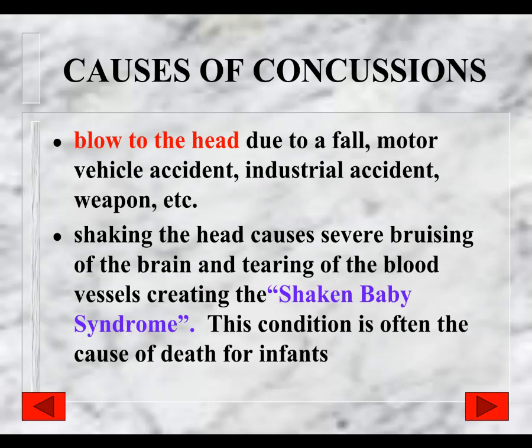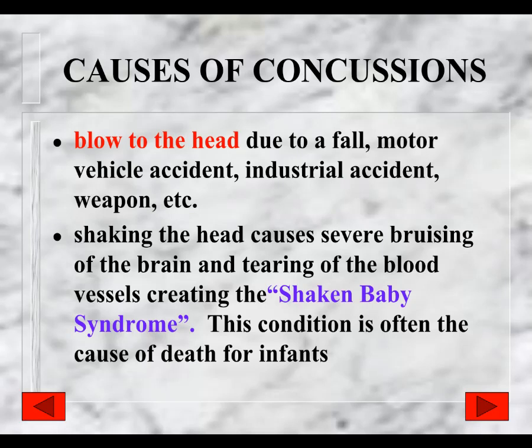Causes, like I said, are a blow to the head, motor vehicle accident, industrial accident, being hit by a weapon, or sports injury. What happens in a concussion is a force makes the brain bump the front and back of the skull, which causes a kind of bruise to the brain. That's very different than shaken baby syndrome.